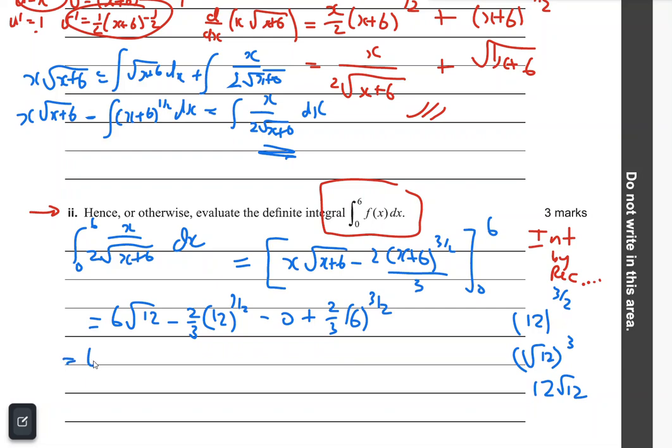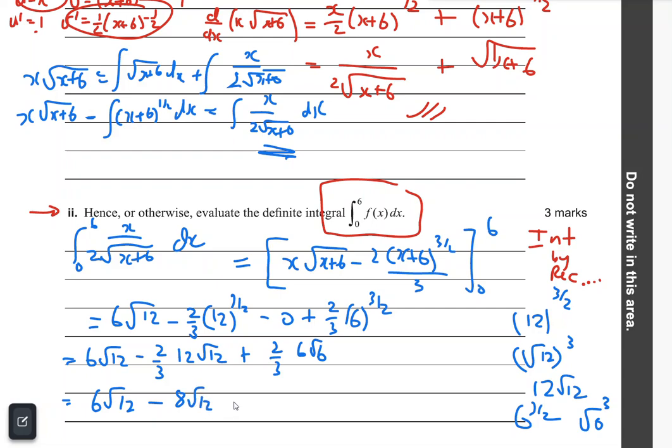So I've got 6 root 12 minus 2/3 of 12 root 12 minus nothing, plus 2/3 of 6 to the 3 on 2, which is going to equal the square root of 6 cubed, which is 6 root 6. I've got 6 root 12 minus, 3 goes into 12 4 times, 8 root 12, plus 3 goes into 6, 4 root 6.